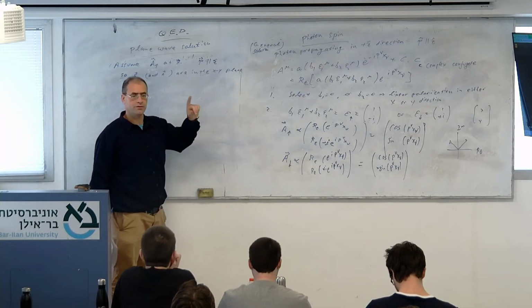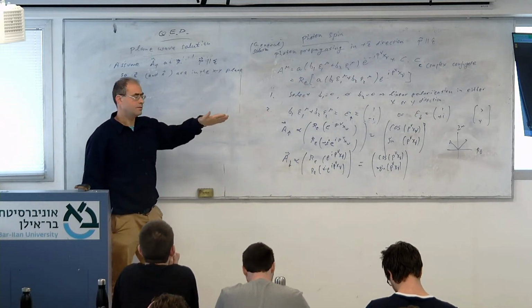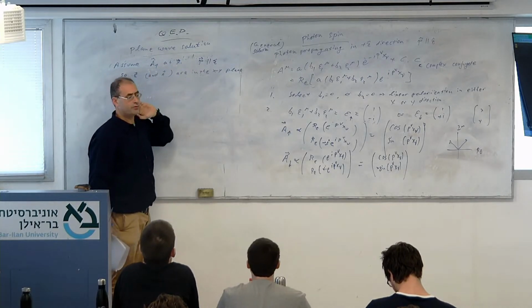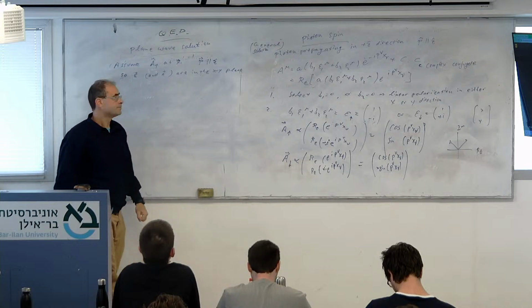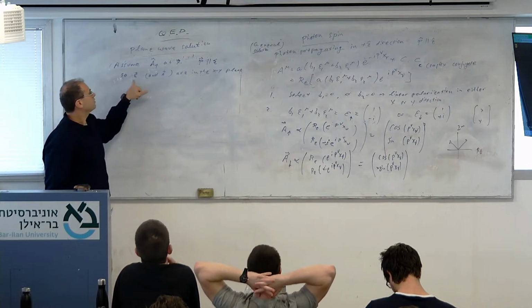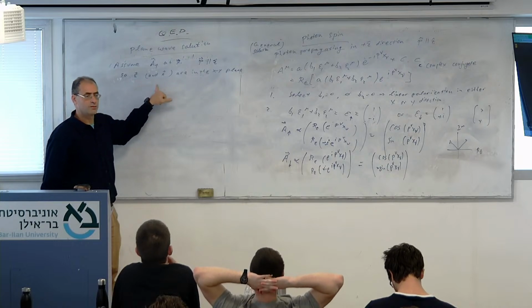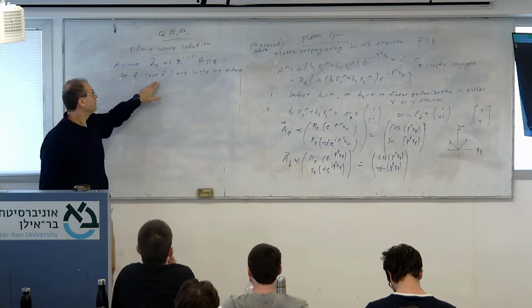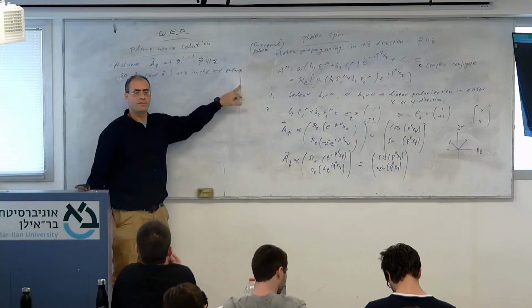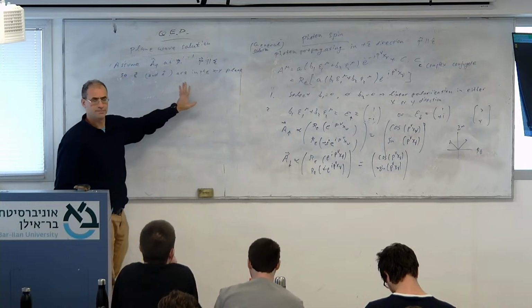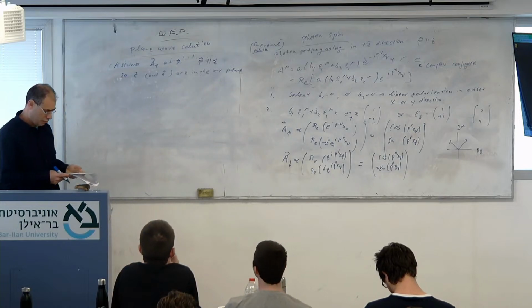I measure the photon, I know it has some polarization A up, and I'm assuming that the photon propagates in the z direction. Because it propagates in the z direction, the polarization vector, and because of that also A, since A is a constant times the polarization vector plus the wave, are in the xy plane. So far so good? Yes.